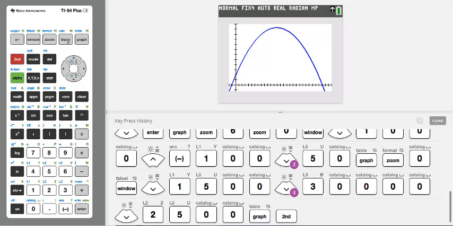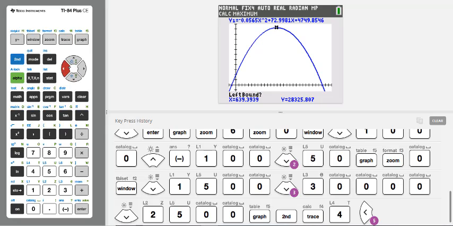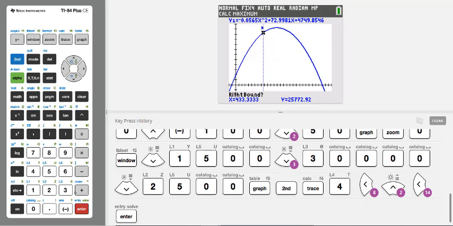So here we go. Second trace 4 because it's a maximum. Enter. Enter. Enter.